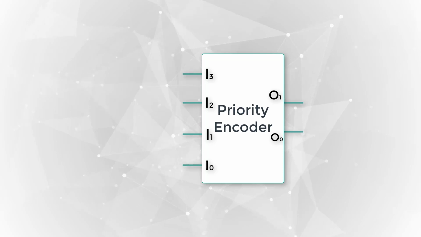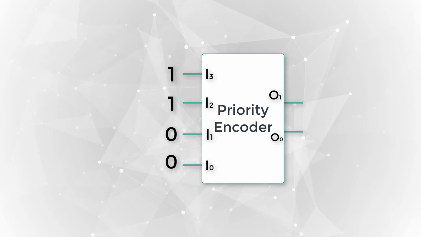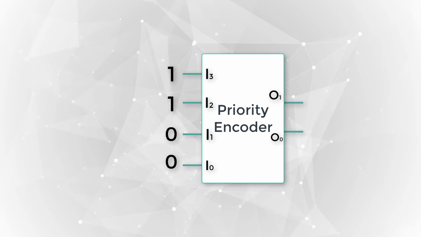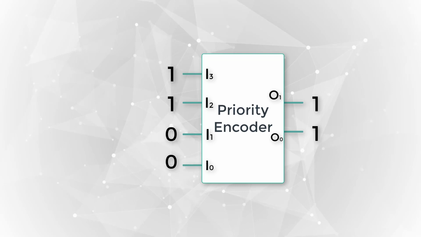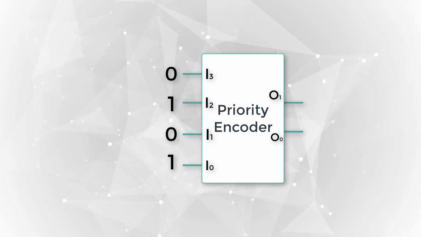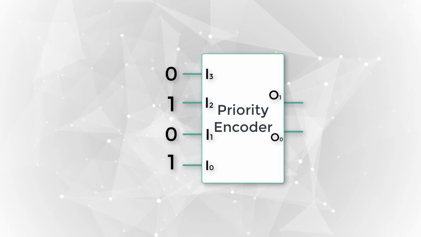For example, if we have number 1100, the inputs I3 and I2 have 1 as input, but giving priority to MSB, that is I3, it gives the output 11, which is binary equivalent of 3. If the input say is 0101, its output is binary equivalent of 2, that is 10.